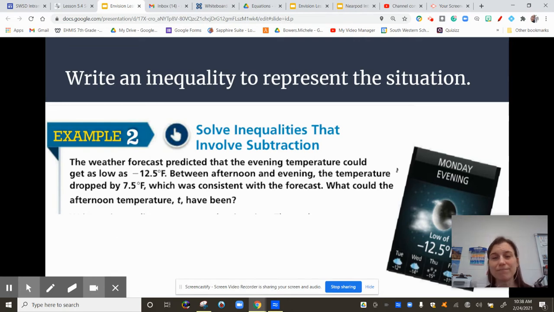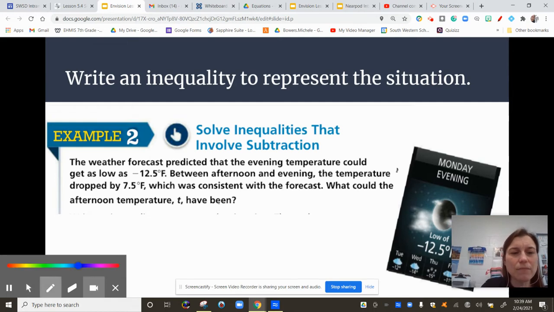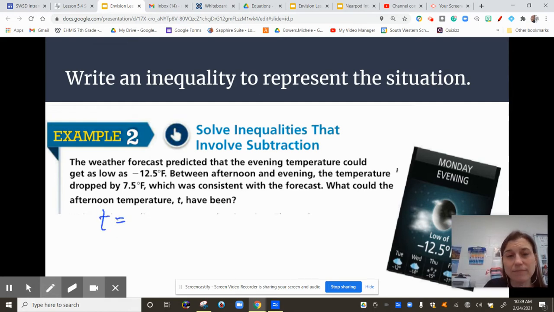So what could the afternoon temperature T have been? Now, we talked about this. Whenever they just say letters in the middle of a sentence, that's the key. That must be the unknown. So T here is our variable, and T is going to represent the temperature in degrees.